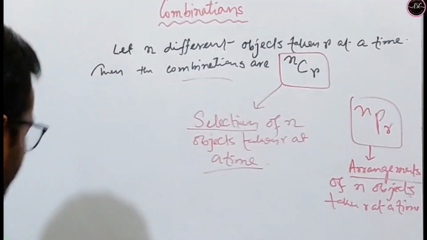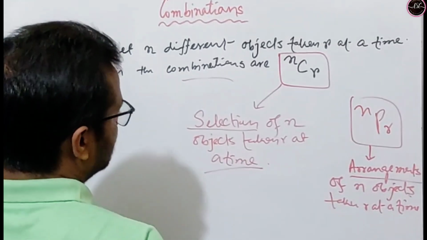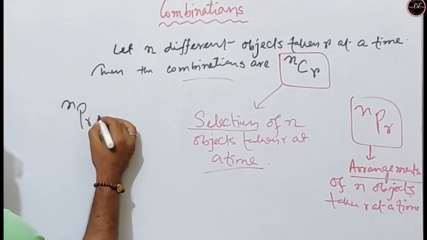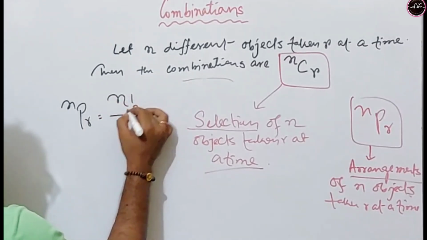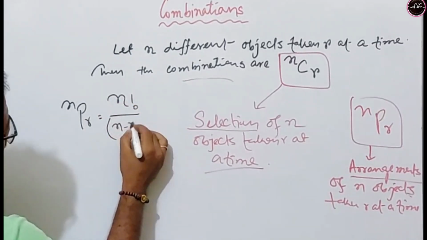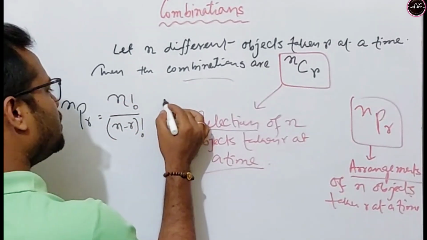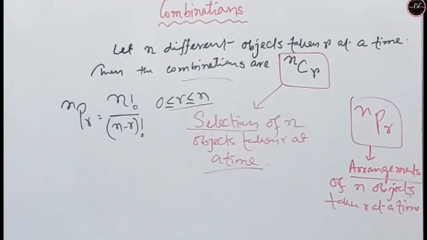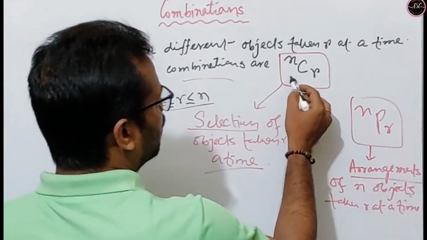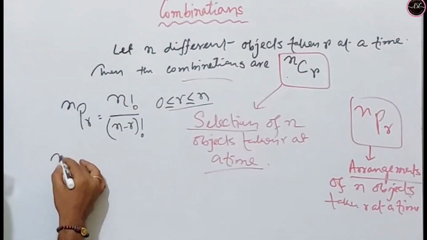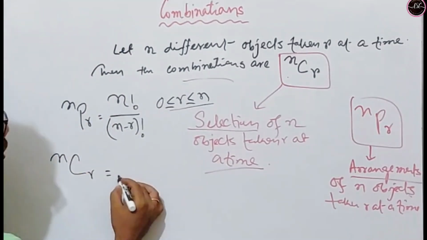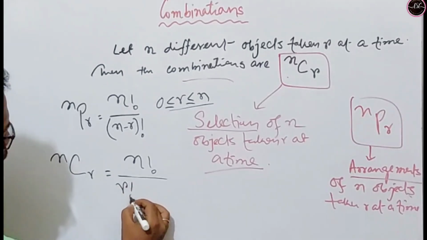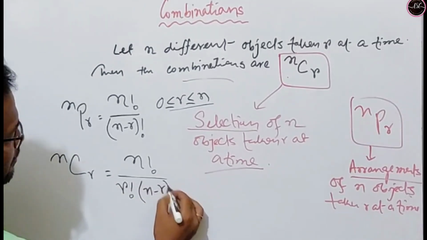Okay, now we have learned nPr equal to n factorial divided by n minus r factorial, for the values of 0 less than or equal to r less than or equal to n. Similarly, the formula of nCr equal to n factorial divided by r factorial into n minus r factorial.